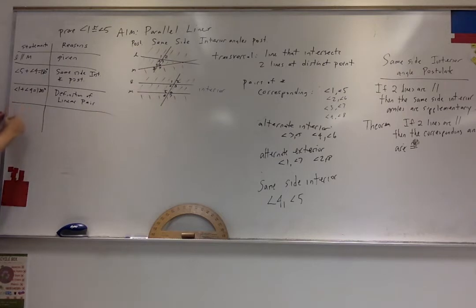Well, we can speed the process up. Can you see the board? What's next? Well, I know that angle 1 plus angle 4 is equal to angle 5 plus angle 4. Why? Transitive.